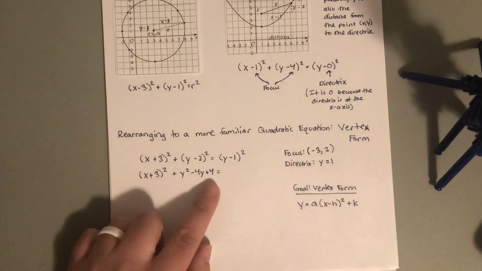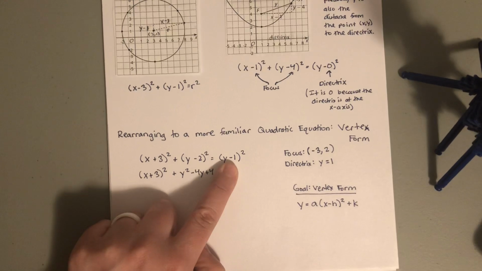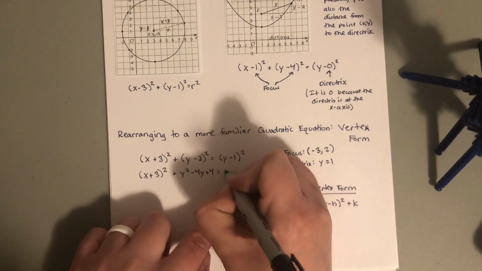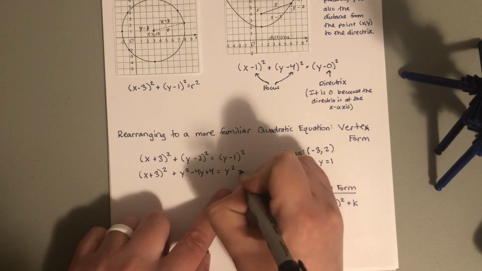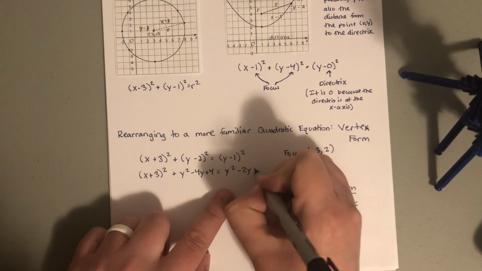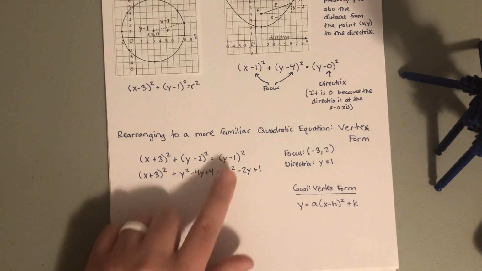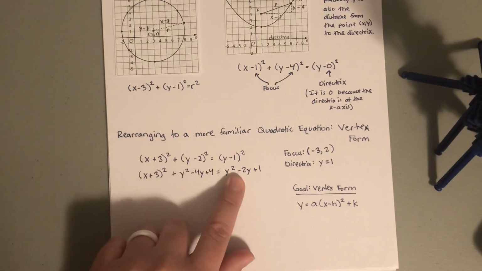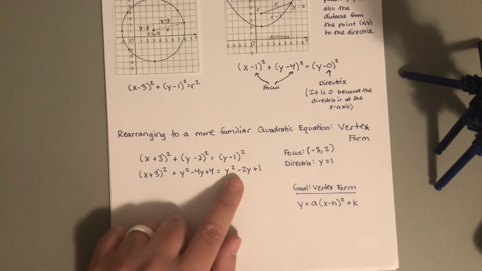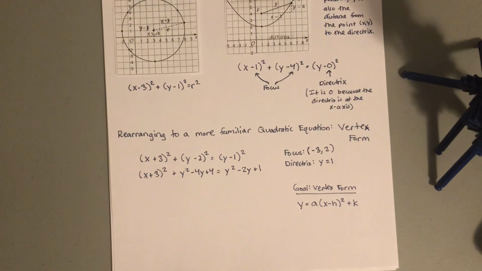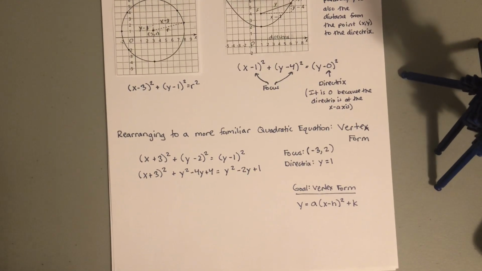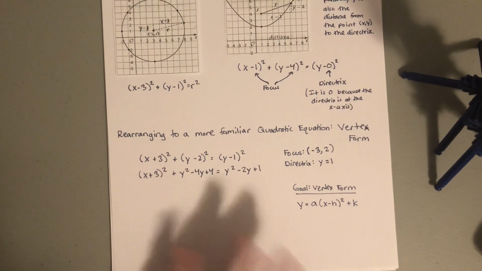On the other side, this squared binomial here turns into y squared minus 2y plus 1. Again, if you're not sure exactly how that turns into that, refer back to one of the previous videos. I believe it was video 3 or 4, and then you can see what's happening there.